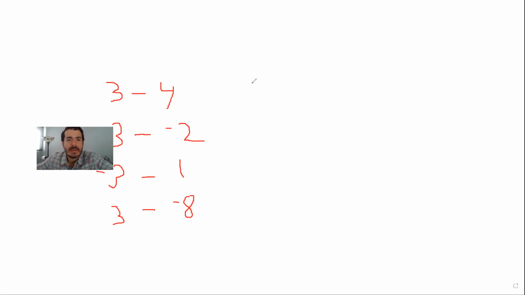I'm going to add the opposite of the number to the right. I'm adding, and this is the opposite of 4. I'm adding, what's the opposite of -2? +2.